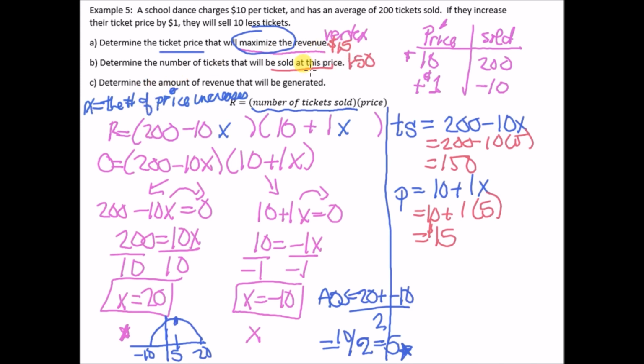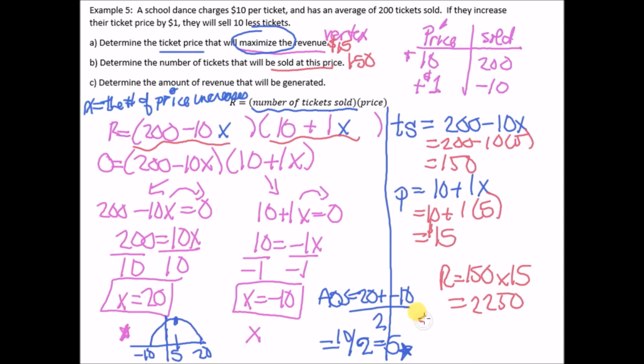And determine the amount of revenue that will be generated. The revenue is going to be 150 times 15. You can go back to the original equation and sub in the 5 again, but we already subbed it into these expressions, so you can just do 150 times 15. I get 2250.